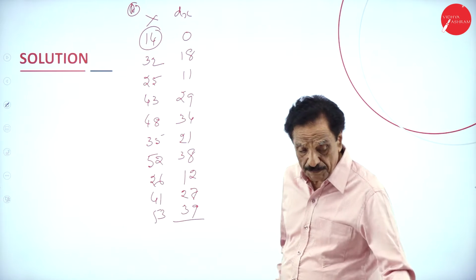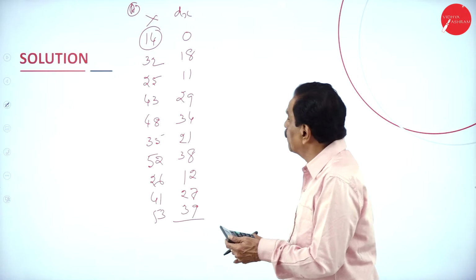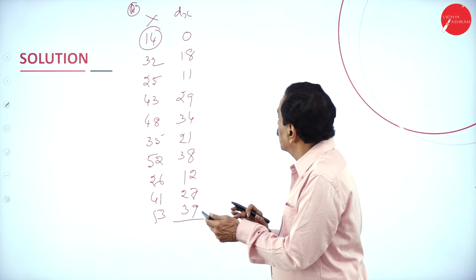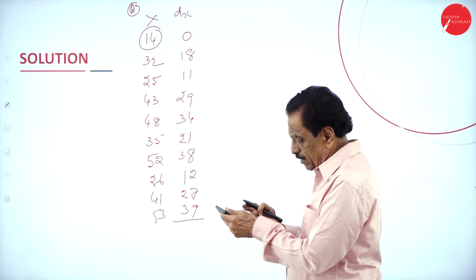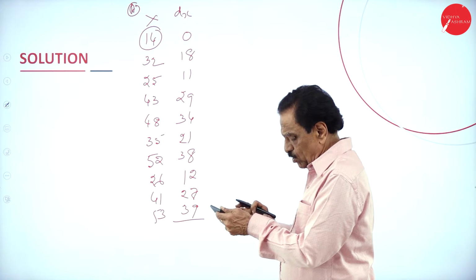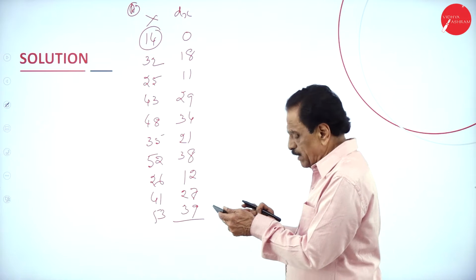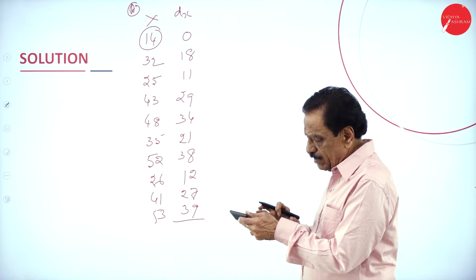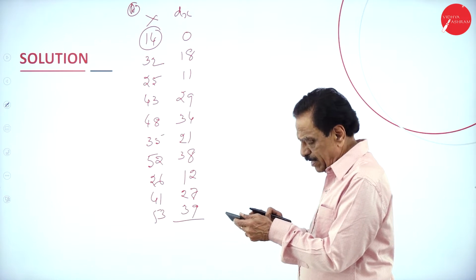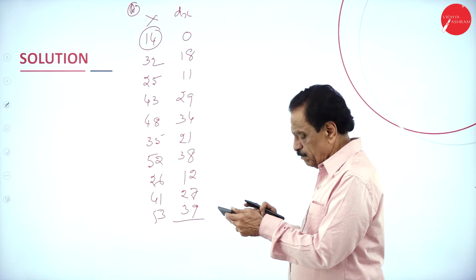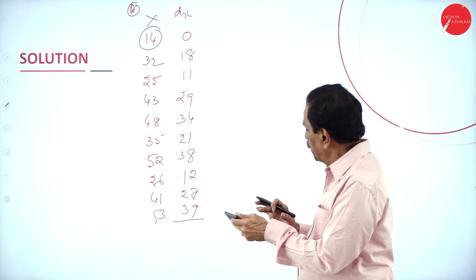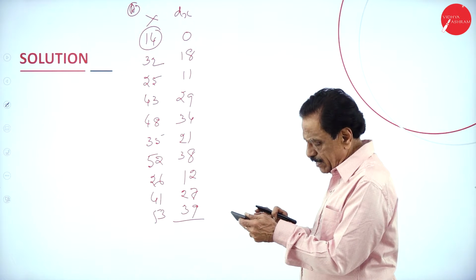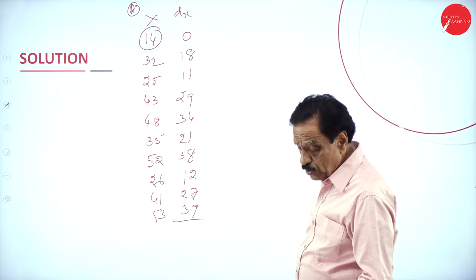We'll add the figure. First number is 18 plus 11 plus 29 plus 34 plus 21 plus 38 plus 12 plus 27 plus 39. 229.